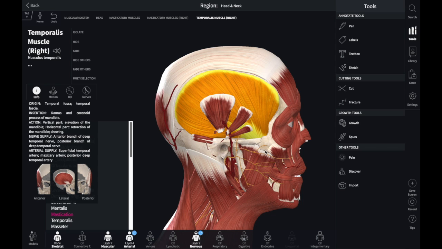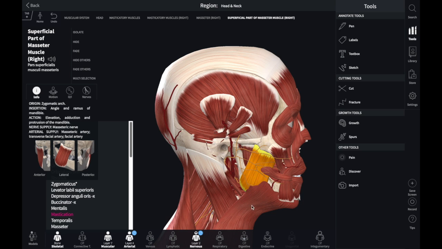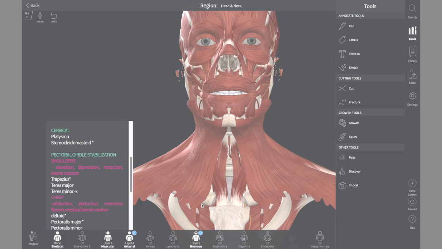And the insertion is the ramus of your mandible. So that's this body part here. The masseter basically extends that whole length of the ramus. Its origin is just underneath your zygomatic bone, and its insertion is the angle of your mandible. Again, its action is to elevate the jaw and clench.